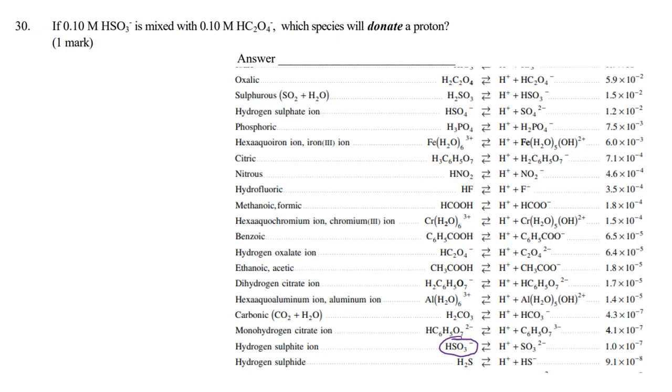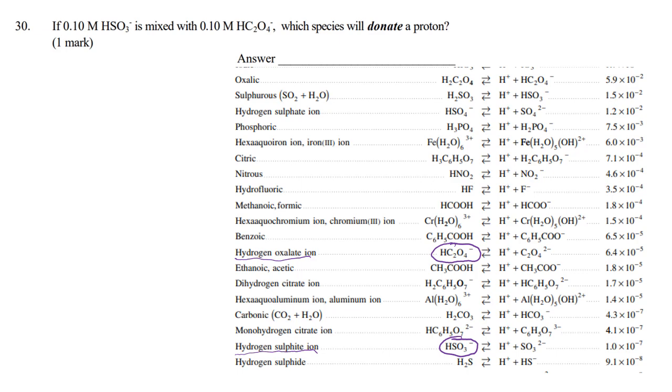I found it. There it is. Okay, so what we know about the hydrogen oxalate ion right here and the hydrogen sulfite ion right there is that the hydrogen oxalate ion is a stronger acid than the hydrogen sulfite ion.